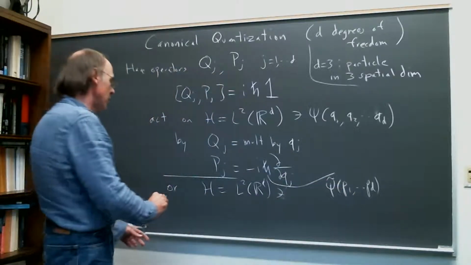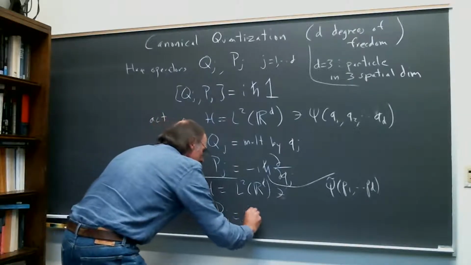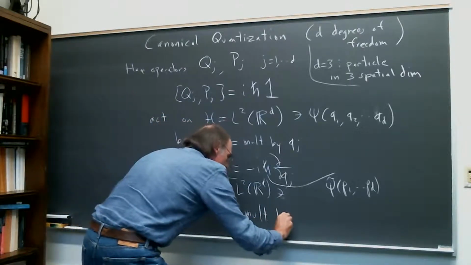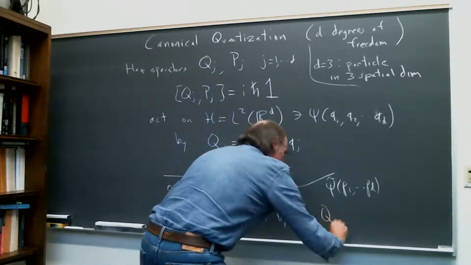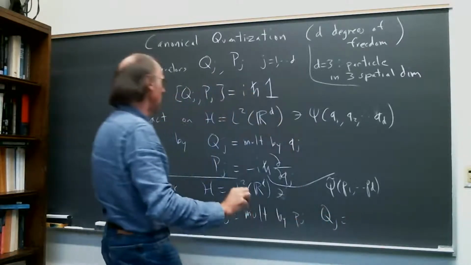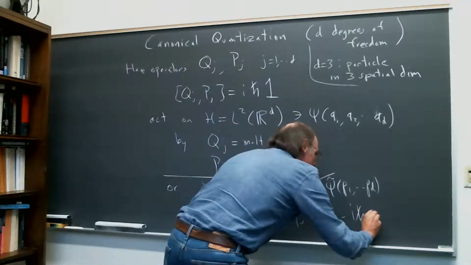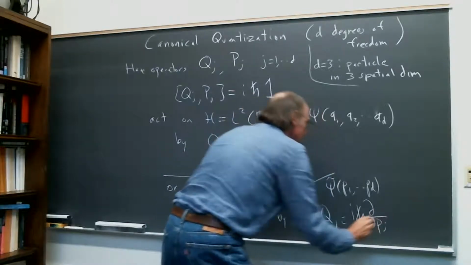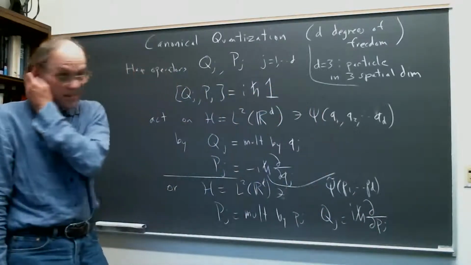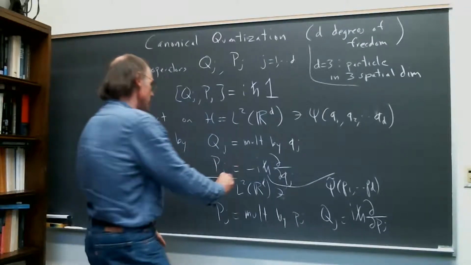Then p_j is multiplication by p_j, and q_j is then i h bar d/dp_j.